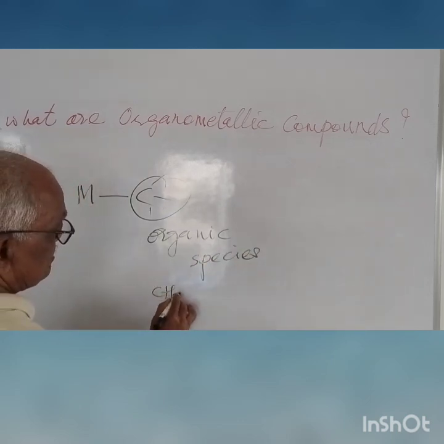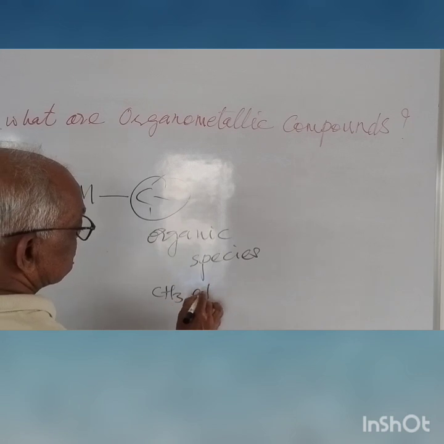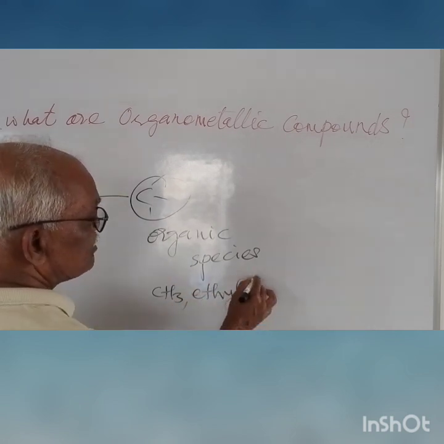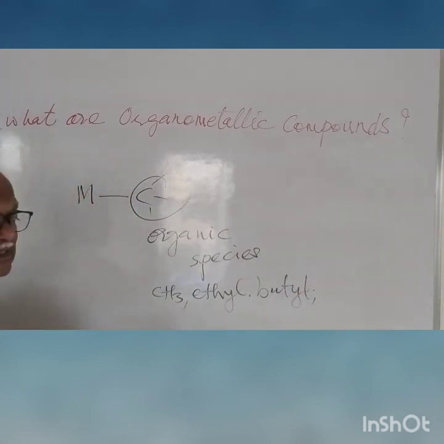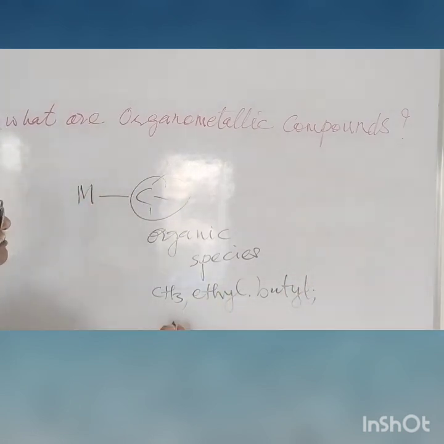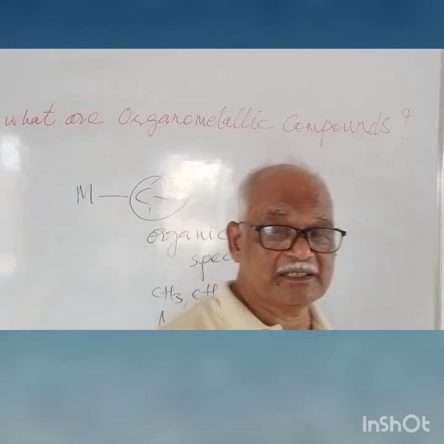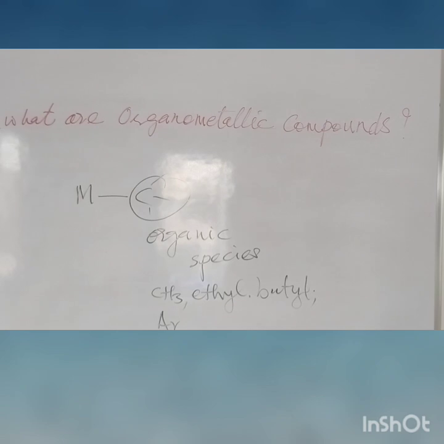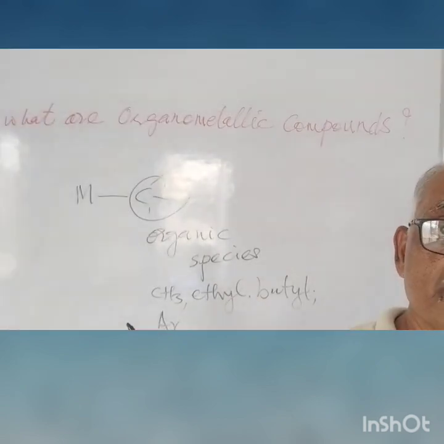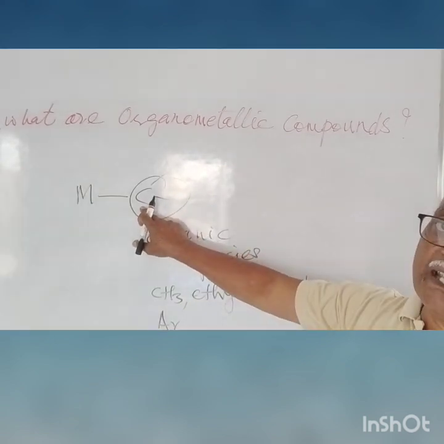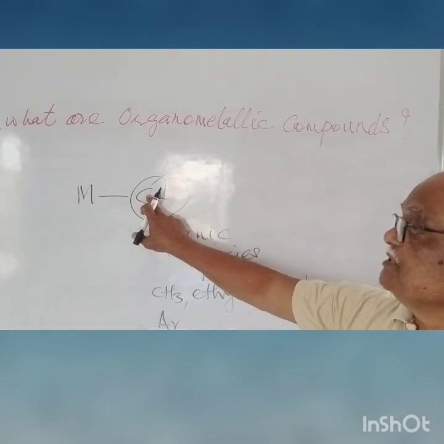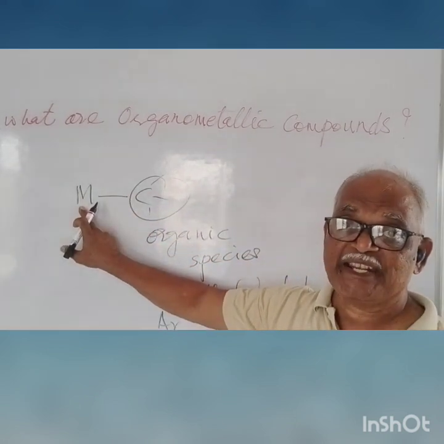such as methyl, ethyl, butyl, or aromatic compounds, which we shortly represent as Ar, meaning aromatic structure, and that contains this carbon which is directly bonded to the metal.